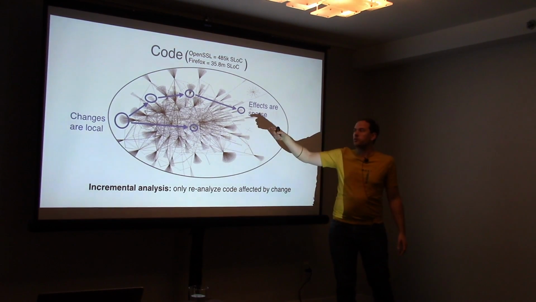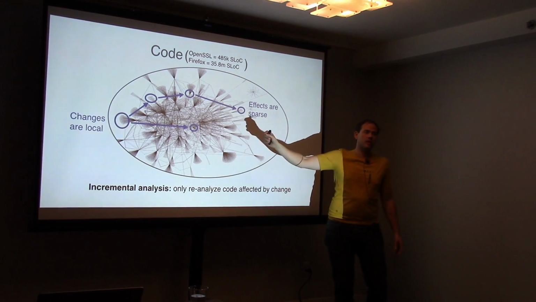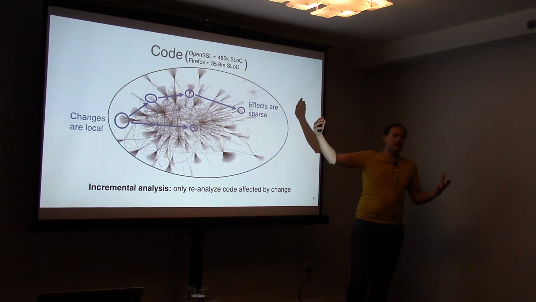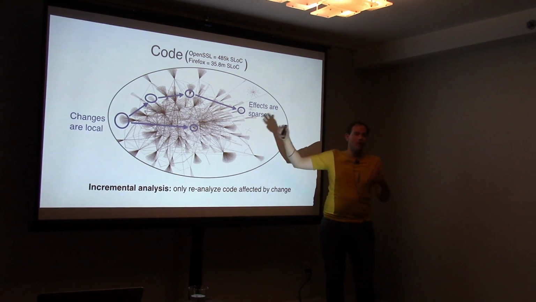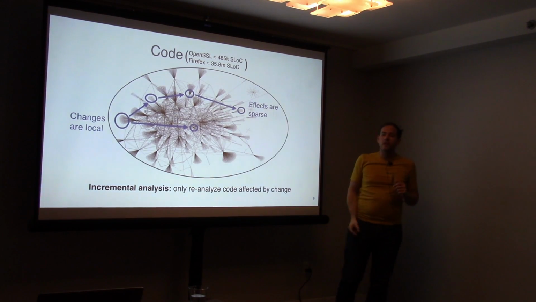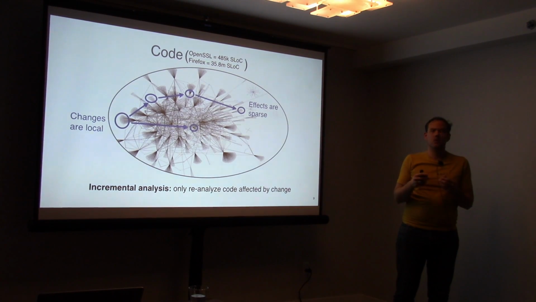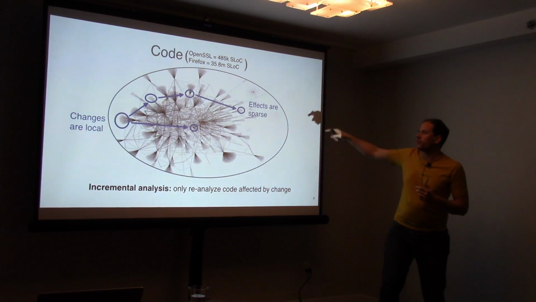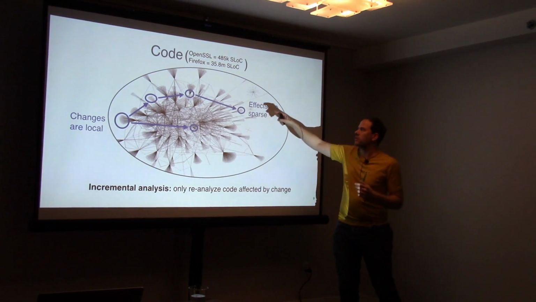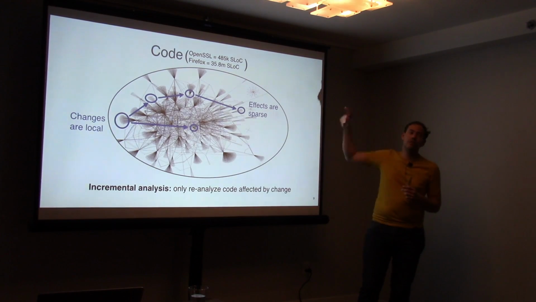Our experience shows that when a developer does make a change like this, it doesn't affect everything. It affects things not locally, but in a sparse kind of way. And that's why the strategy of employing incrementality is successful, because tracing where the effect goes is much more efficient than doing the full reanalysis.